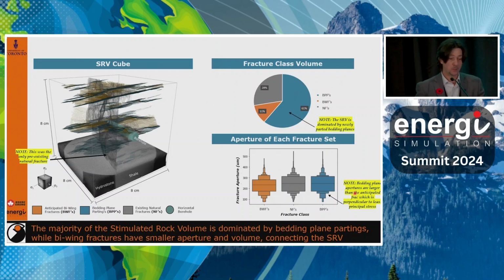Over 60% of the stimulated rock volume was parting of bedding planes. And this is something that I'm not aware of any commercial simulators accounting for. So that was a great result, and we thought it was amazing because we came up with a different way to see how fracture is propagating in unconventionals.